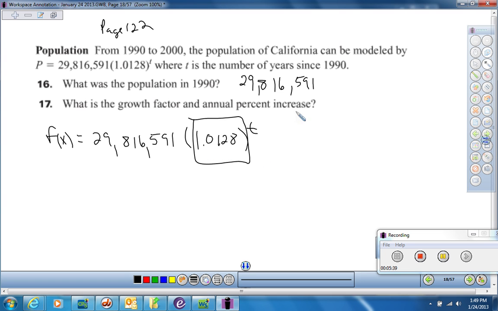So 1.0128 minus 1, so we get 0.0128, and then just convert that to a percentage. It'd be 0.128%. Okay, now on the quiz, you're not going to have to do that. In the quiz, you're going to mainly be coming up with this type of model and then using it.